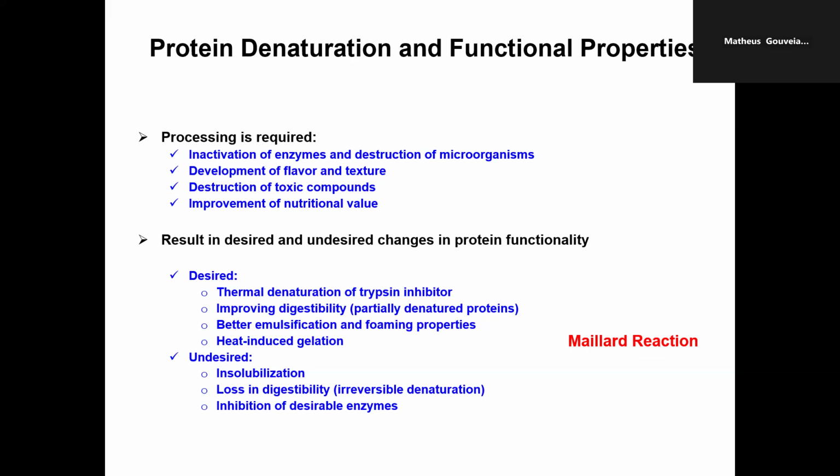And inhibition of desirable enzymes. For example, when you want to make cheese, you form your cheese from milk, obviously, and then there's aging. If you inhibit some proteases and other enzymes that are needed to develop the flavor during aging, that will be a problem.